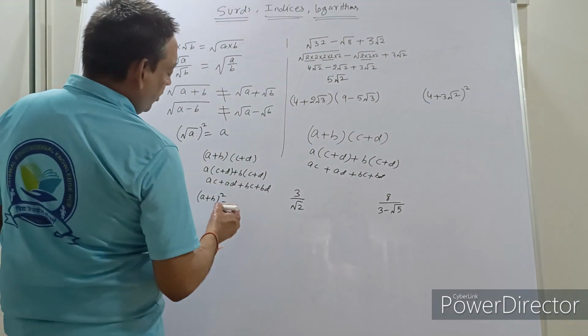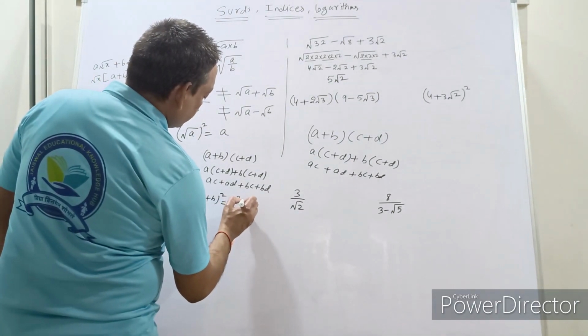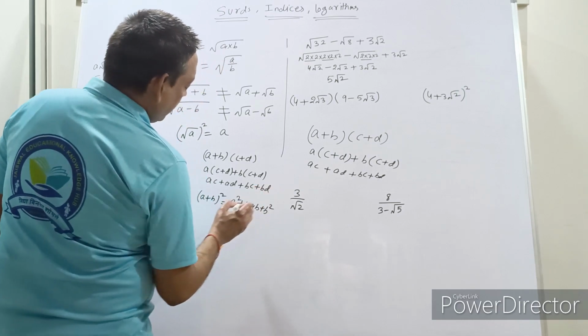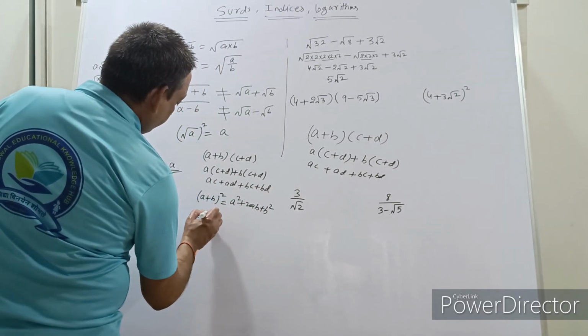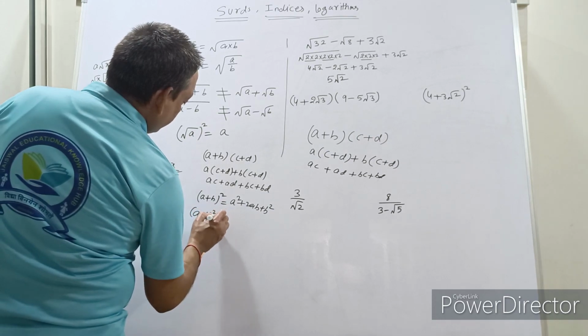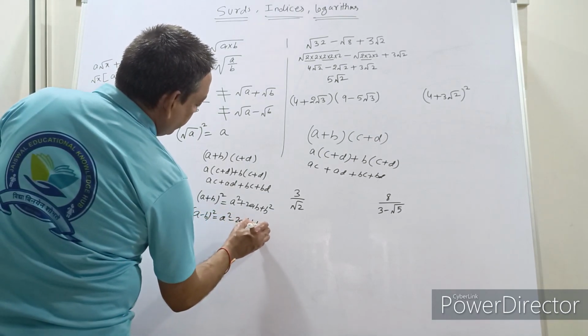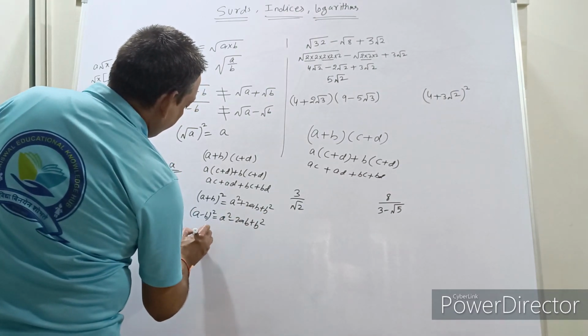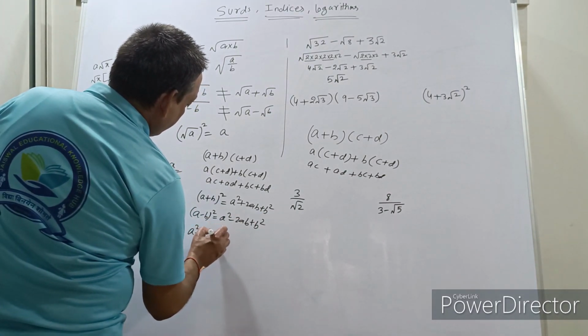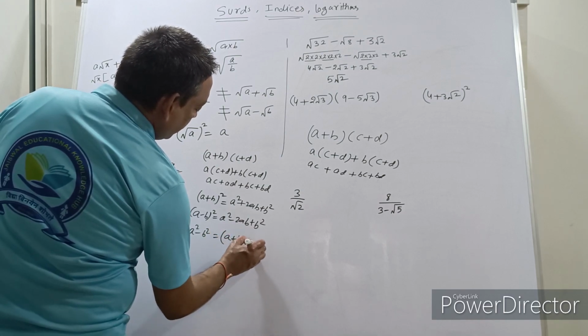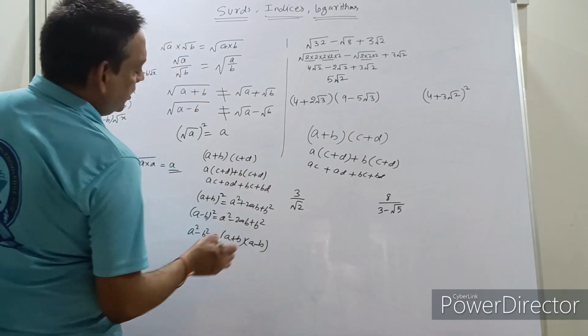So a plus b the whole square, we have to use a square plus 2ab plus b square. Same way a minus b the whole square is equal to a square minus 2ab plus b square. Same way a square minus b square is nothing but a plus b and a minus b. So we have to use all these formulas.